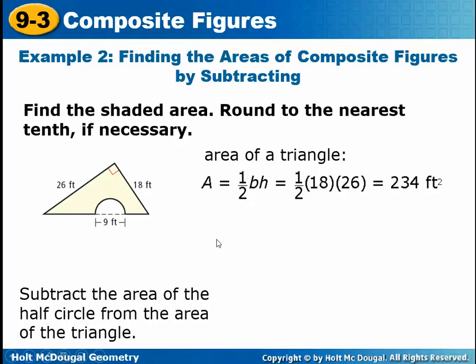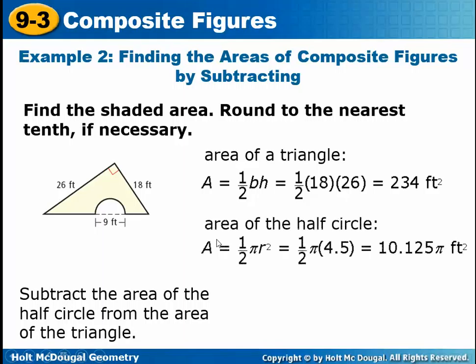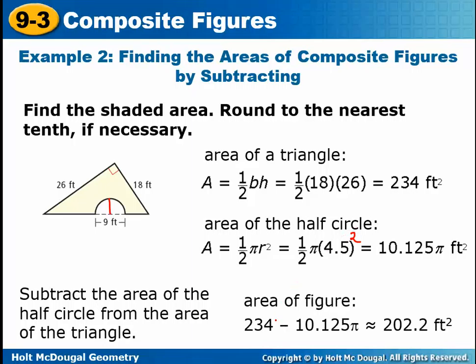It's just 234. Remember that it's a half a circle. And also remember that the radius of this half circle is half of the diameter. So it's 1/2 of pi r squared, and r is 4.5. They forgot to write the squared on here, which makes me wonder if there's another mistake.